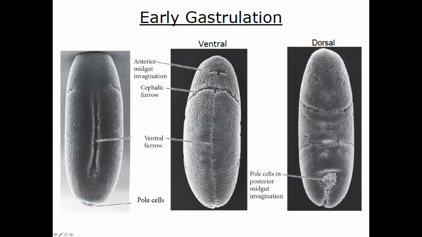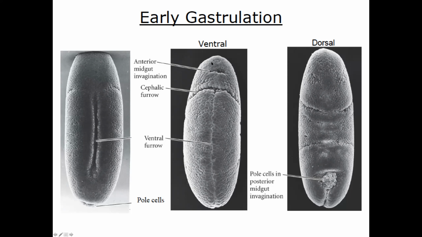And once this has happened, then you have more different morphogenetic events that will lead to the formation of other structures. Now, the anterior midgut is specified from this head region, but the posterior midgut and hindgut are specified from the ventral furrow.